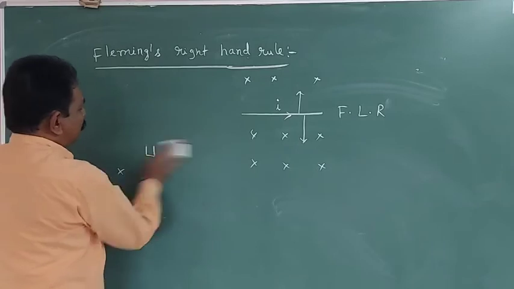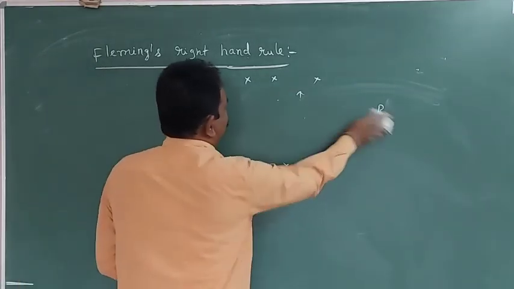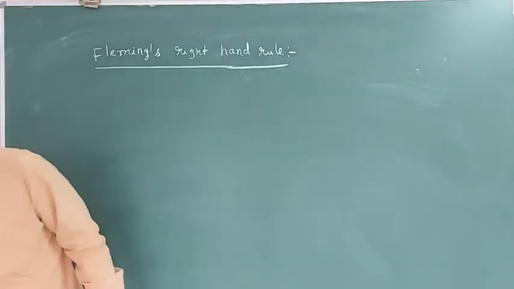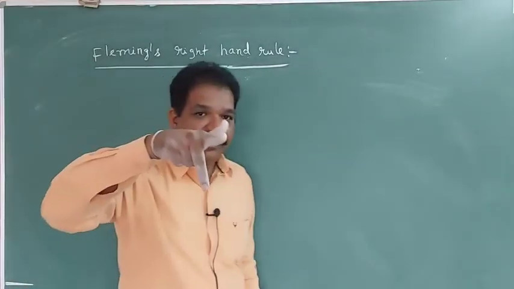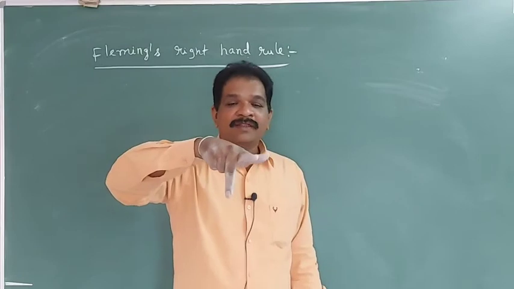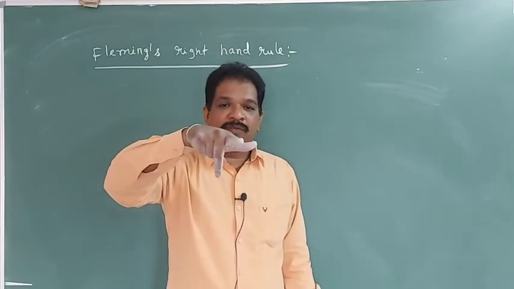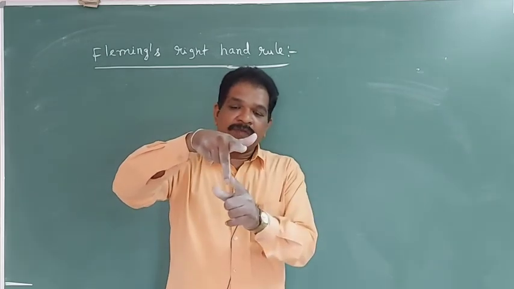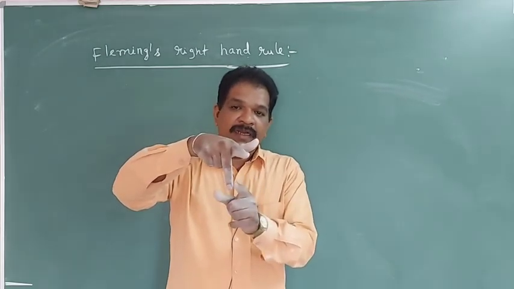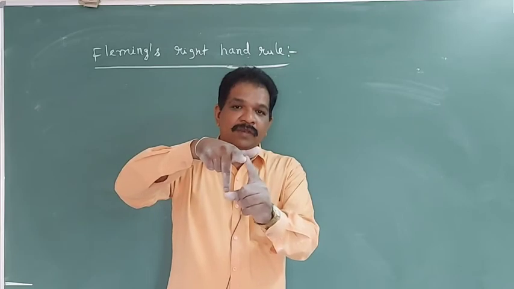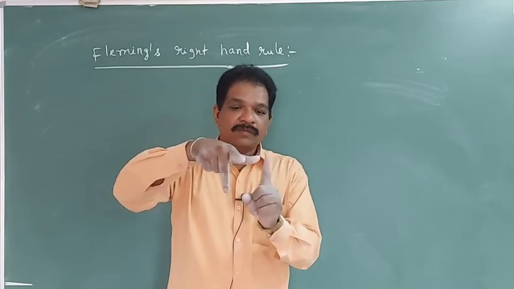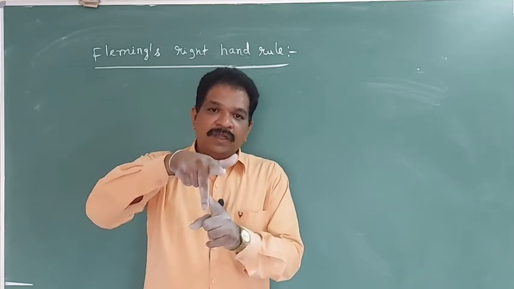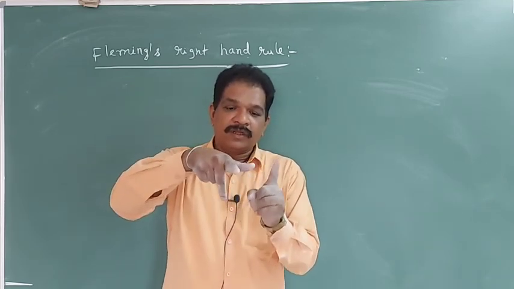What is that? See. Left hand rule you already know. Now take the right hand and stretch the three fingers in three mutually perpendicular directions. This finger will be called the central finger. This will be the forefinger. This will be the thumb. Central finger, forefinger, thumb.